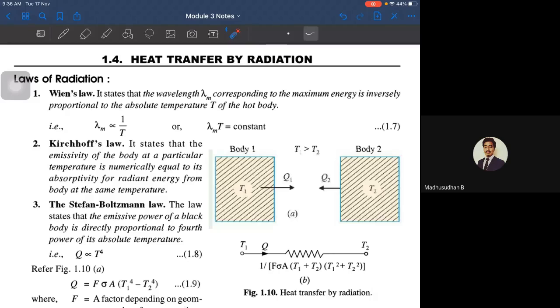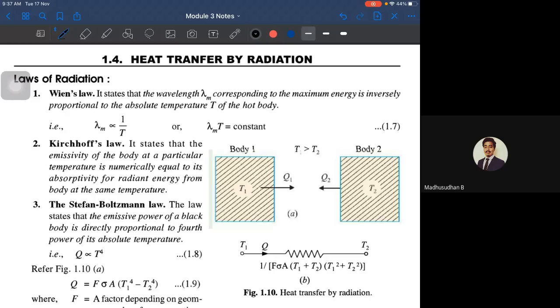Wien's law is a little bit complicated to understand. It is also called Wien's displacement law. Why is it called Wien's displacement law? I'll try to explain it.